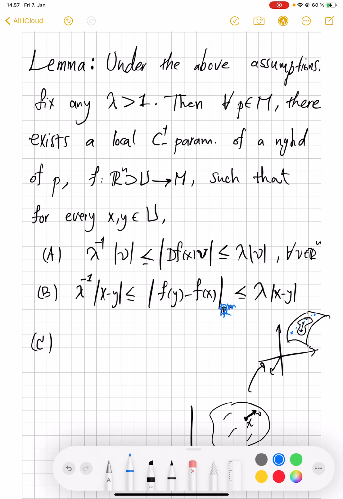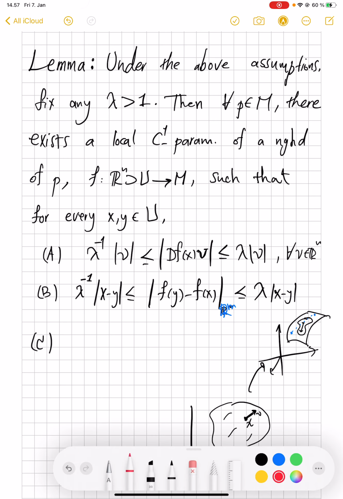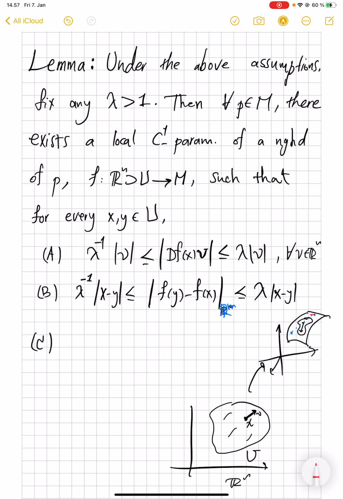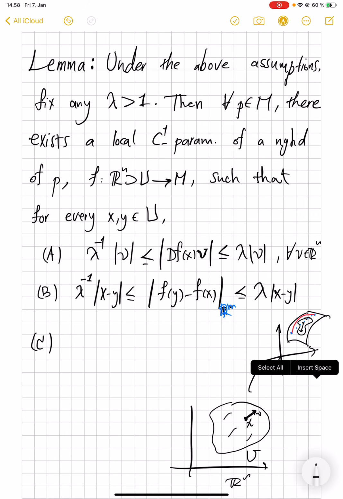But we could also talk about the intrinsic distance of these two points via geodesics within the manifold. The red distance is the length of the shortest curve within the manifold that connects them. And that gives a new metric structure to M, and the Hausdorff measure with respect to that will be different.